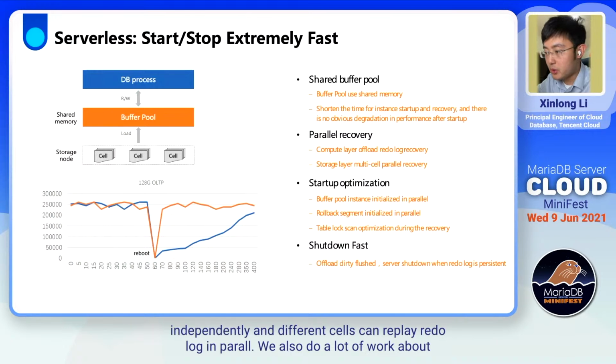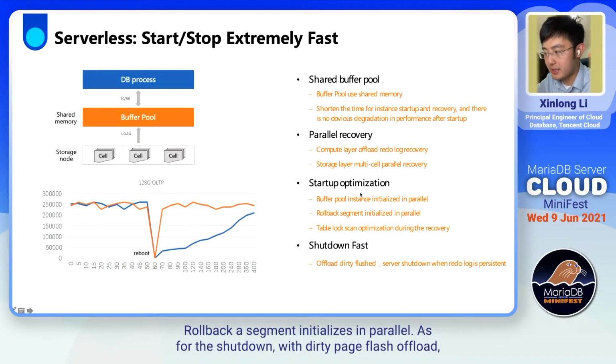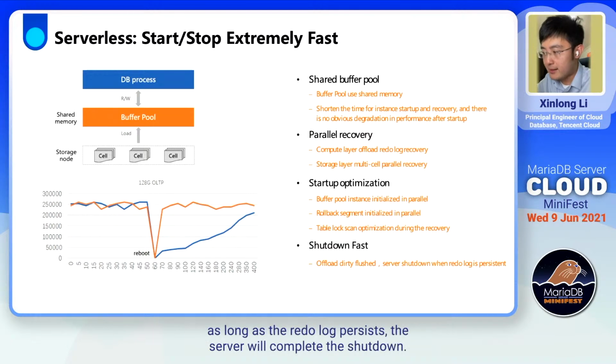We also do a lot of work on startup optimization. For example, buffer pool instances initialize in parallel, and rollback segments initialize in parallel. As for shutdown, with dirty page flushing offloaded, as long as the redo log persists, the server will complete the shutdown.